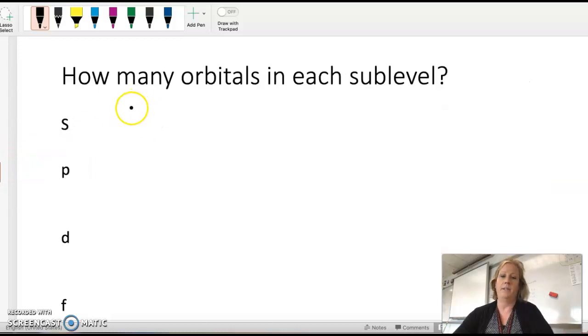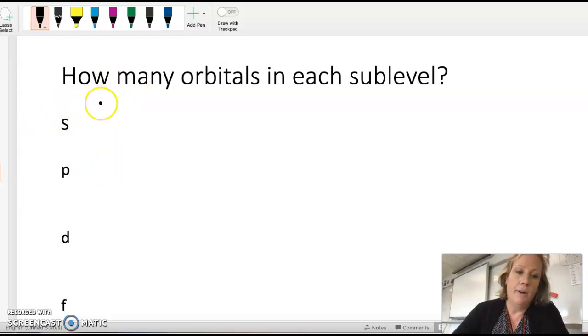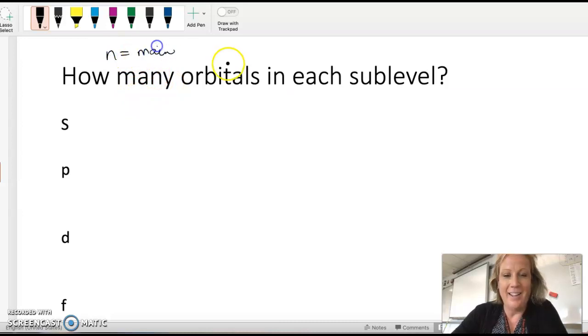Let's review. We're going to talk about the sublevels. So n is the main energy level, the principal quantum number. l is the angular momentum quantum number, which tells us the sublevel or shape.